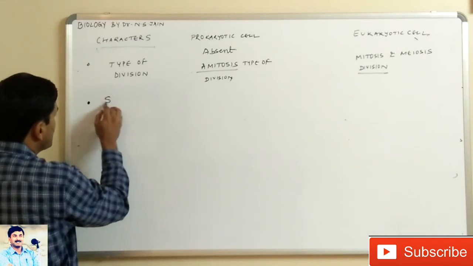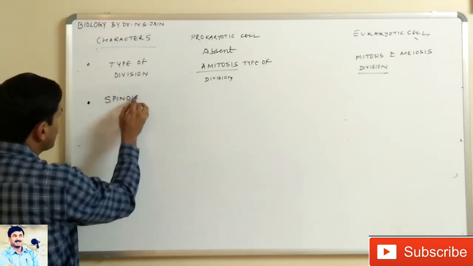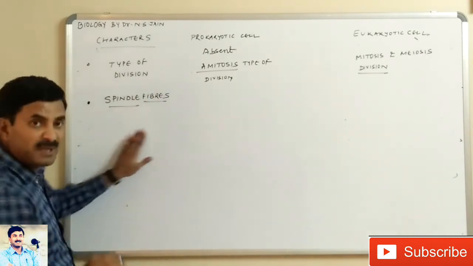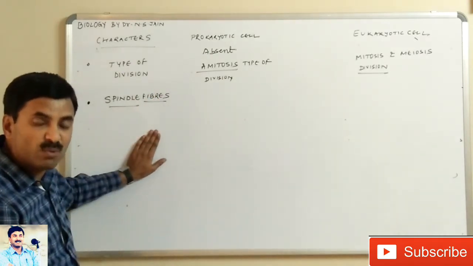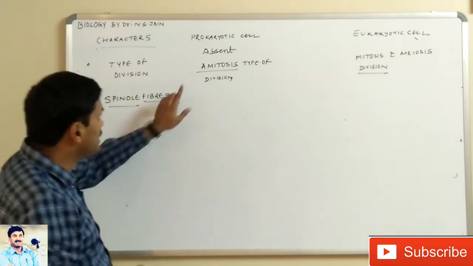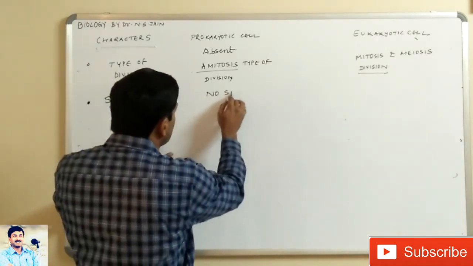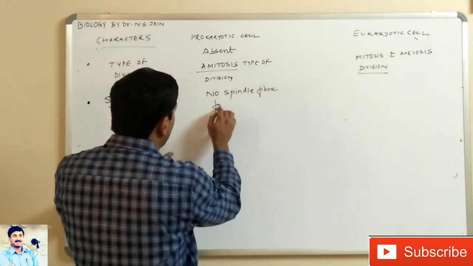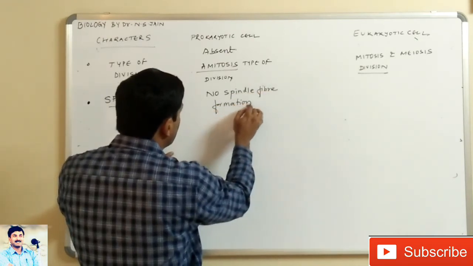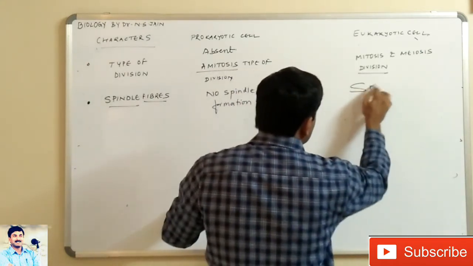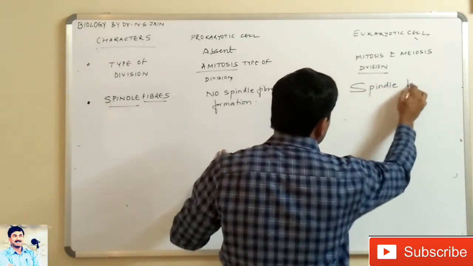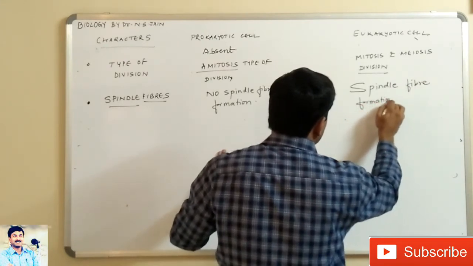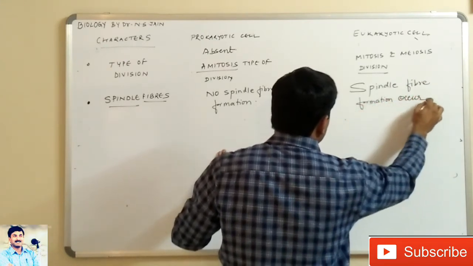Next one, spindle fibers. Spindle fibers are the fibers which take the chromosomes towards the opposite poles, but here no spindle fiber formation, but here spindle fiber formation occurs.